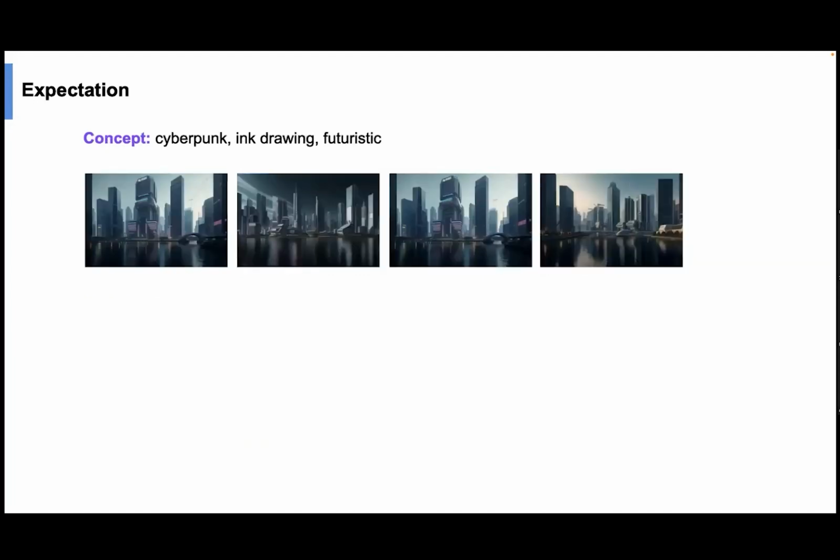There are other goals that Lora could achieve, such as a concept or an attribute. For example, we all have some pictures in mind when thinking of cyberpunk. But if we really want to demonstrate the concept cyberpunk, we need to go beyond neon lighting, skyscrapers, and floating cars or something.